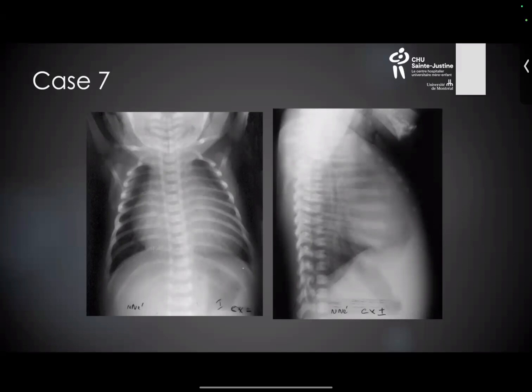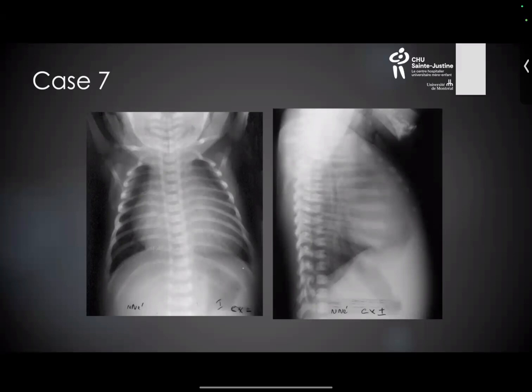Okay, it's an old cliche, but you can still see here a term newborn baby with a huge heart, where all the chambers of the heart look big. The vascularization is still low because it's a newborn, and in the first 24 hours the pulmonary resistances are high.